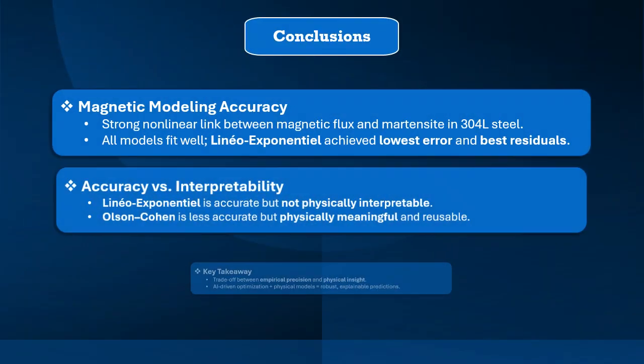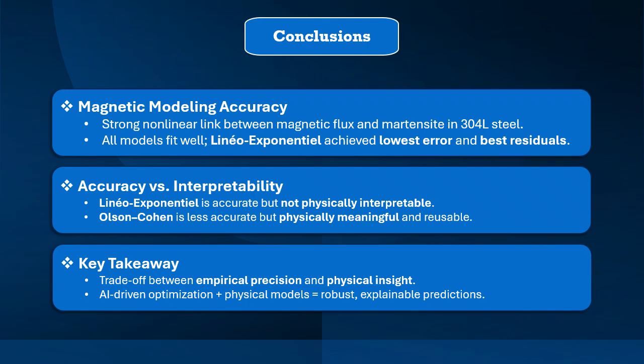And to conclude, we confirm the strong nonlinear link between magnetic flux density and the martensite volume fraction in 304L steel. The LE model was the most accurate one, but not physically interpretable compared to the OC model.